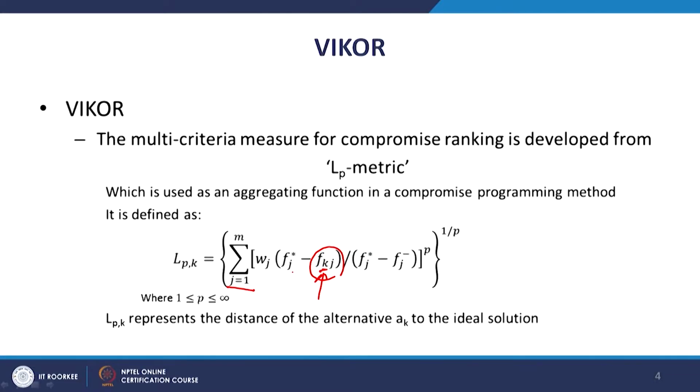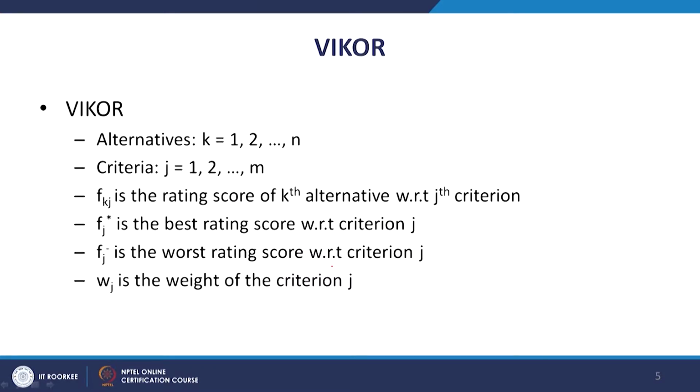So, going back to the previous mathematical expression, this ratio expression is what I meant by min-max kind of normalization. Here the asterisk is the best and the minus is the worst rating score with respect to criterion j.